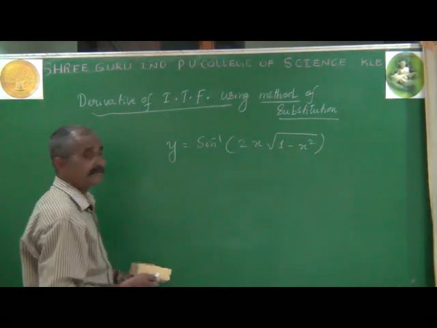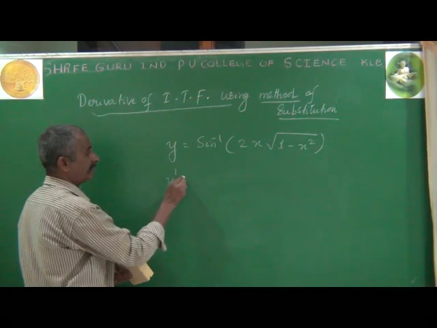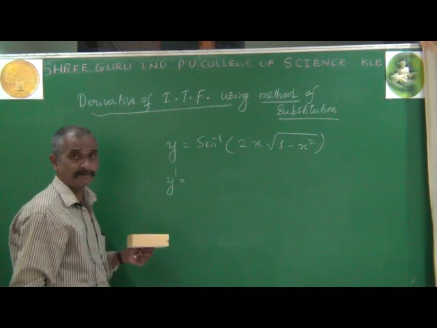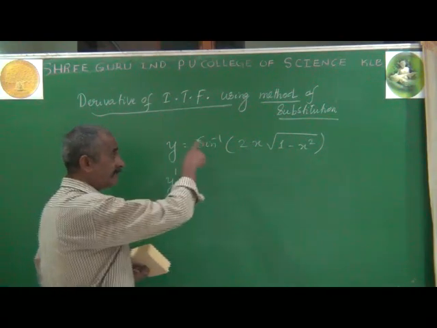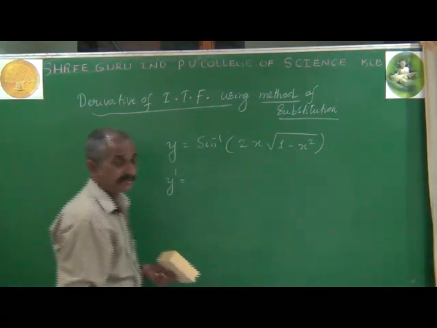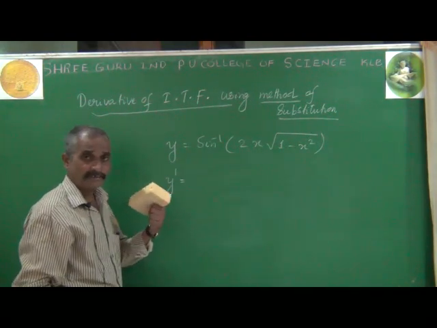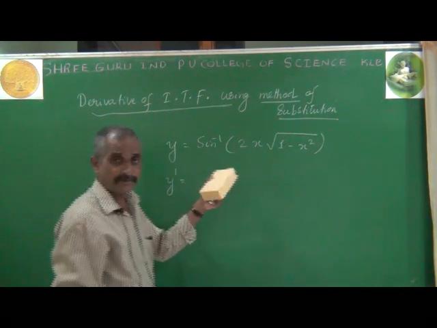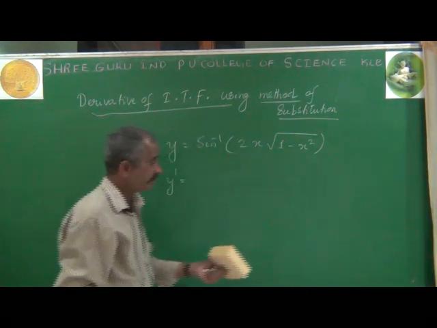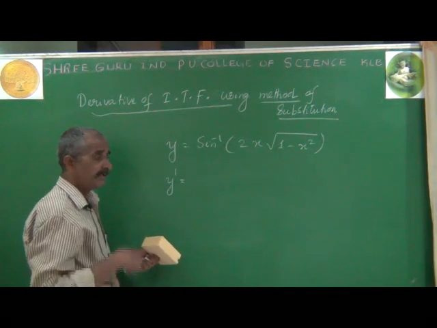So let's differentiate directly, without using the method of substitution. On the left side y dash; on the right side it is a composite function. The first function is sine inverse. Recall last class's concept: the derivative of sine inverse of u is 1 by root of 1 minus u square into u dash.